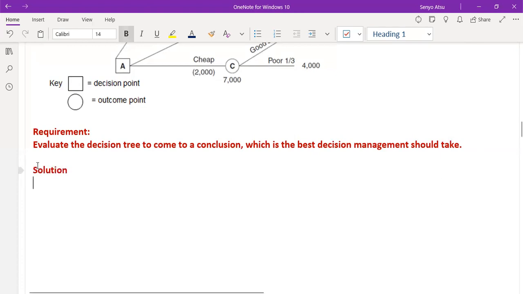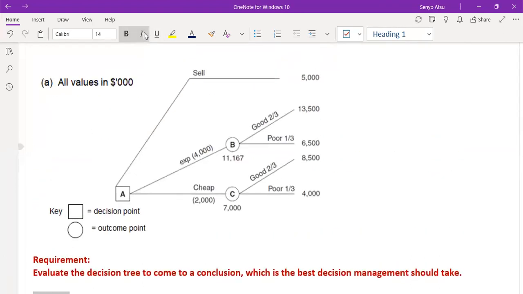What we shall do is to start from left to right. You see what? If you sell it off, there's only one thing that will happen. You get 5 million, full stop.